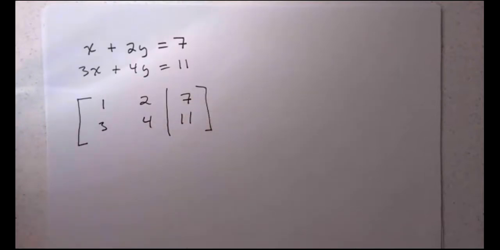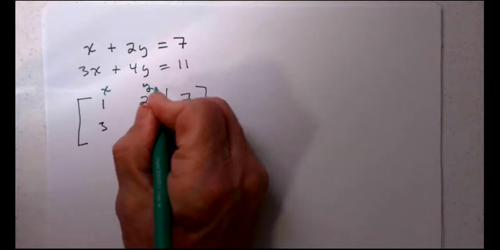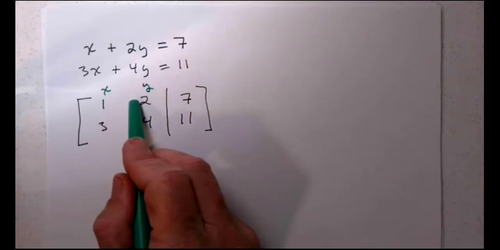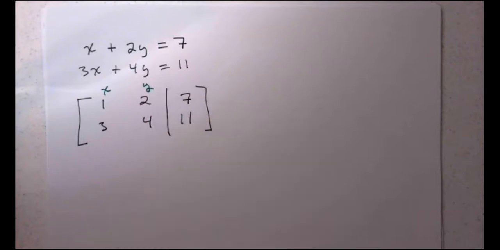So what is our goal? Our goal is to solve for x and y. Remember, this first column corresponds to x. The second column corresponds to y. Don't forget that. So this is just another way of writing 1x plus 2y equals 7, 3x plus 4y equals 11. A shortcut way of writing that.